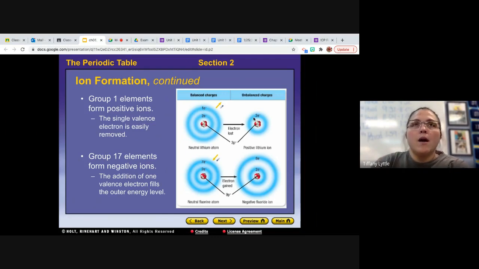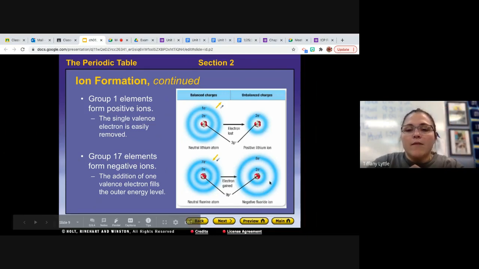Now, when we're talking about ions, atoms want to be stable. And so in order for an atom to be stable, it needs to have a full valence shell. So thinking back to the Bohr models that we've done, you can have up to 2 electrons in the first ring and 8 electrons in all the other rings.